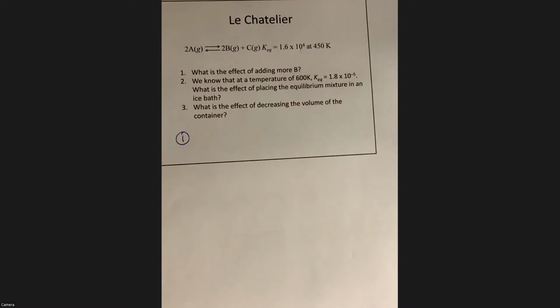Product, right? Feel free to unmute yourself and yell out the answer. So B is what? Product or reactant? Product, right? So that means that I'm making the product side heavier.